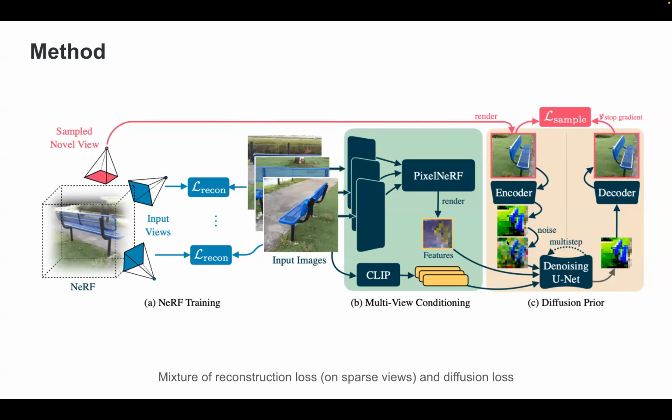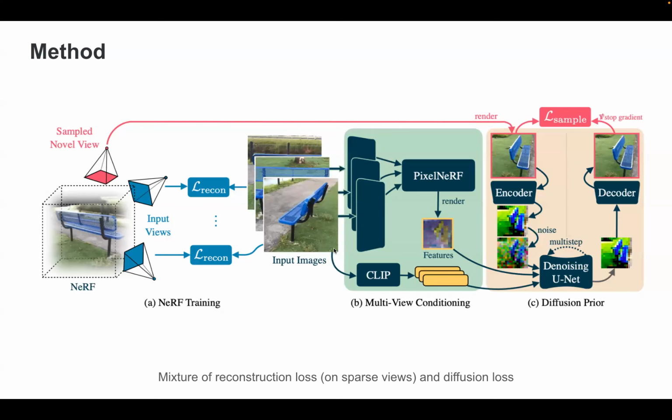As a detail, on top of inputting to the denoising UNet the encoded latent feature of the image, they also use a PixelNeRF to input a given number of input views. In this case, they take the closest views to the random view and encode them with a PixelNeRF. Through this, they have some sort of 3D encoded features, which they concatenate on top of the features from the target view.